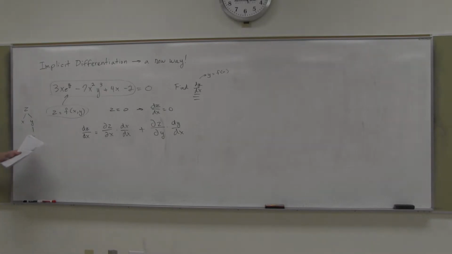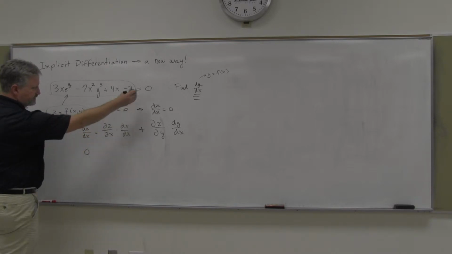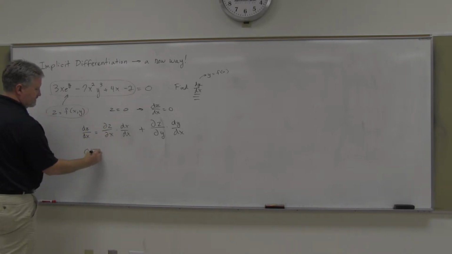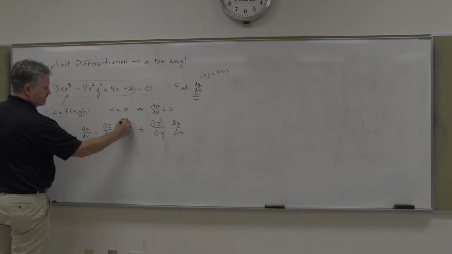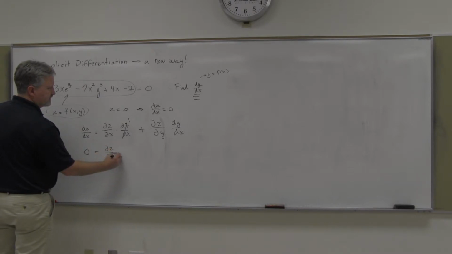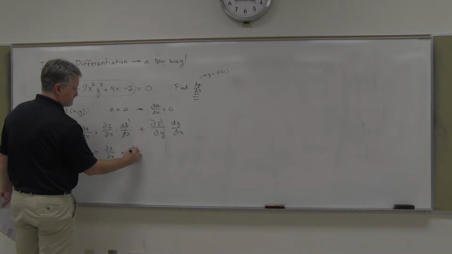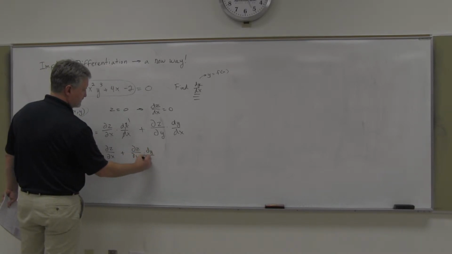Well, yeah, so dz we've already discussed. Since z equals 0, dz over dx would be 0. The partial of this is just 1. So that's the partial of z with respect to x. And then this is the partial of z with respect to y times dy over dx.